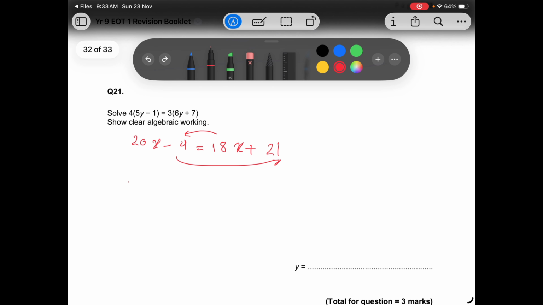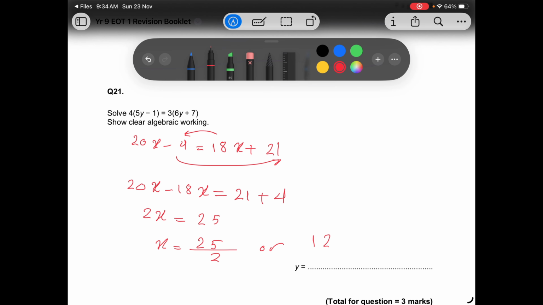So it will be 20x minus 18x equals 21 plus 4. Here what we have, 20 minus 18 is 2x equals 25, then x will be 25 over 2, or 12.5, the way you like, one of them is enough.